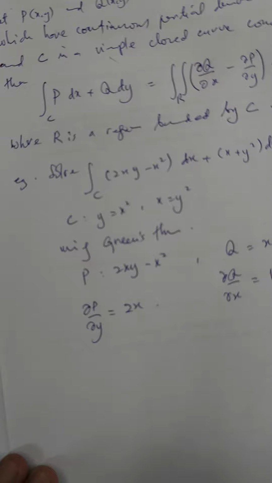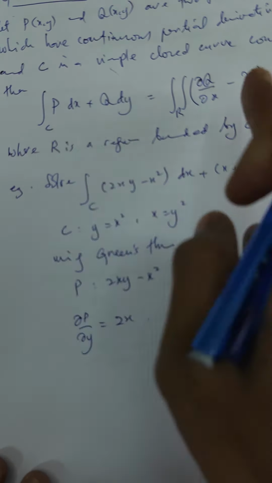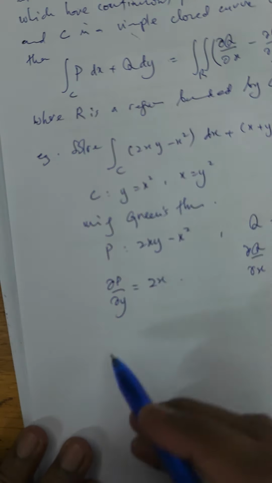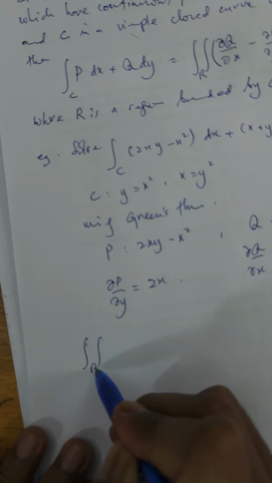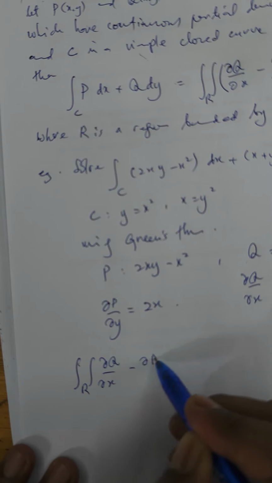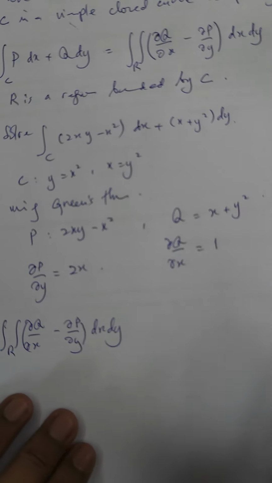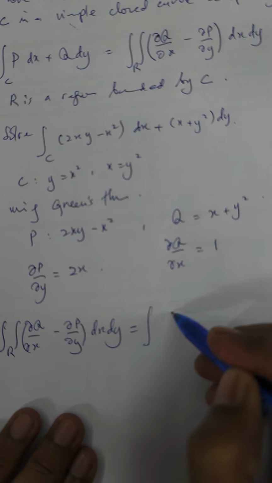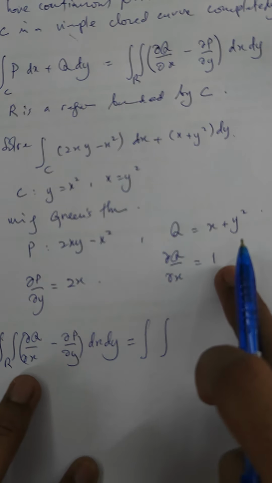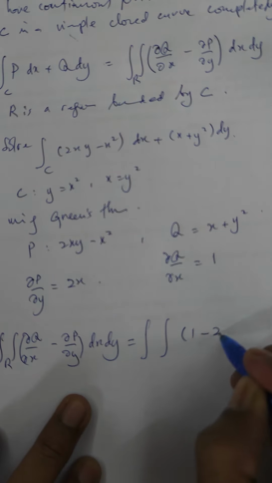What about the limit of integration? I'll explain that a bit later. First, how to transform the line integral into the region integral. So we have the double integral over R of del Q del x minus del P del y dx dy, that gives us the integral of 1 minus 2x.